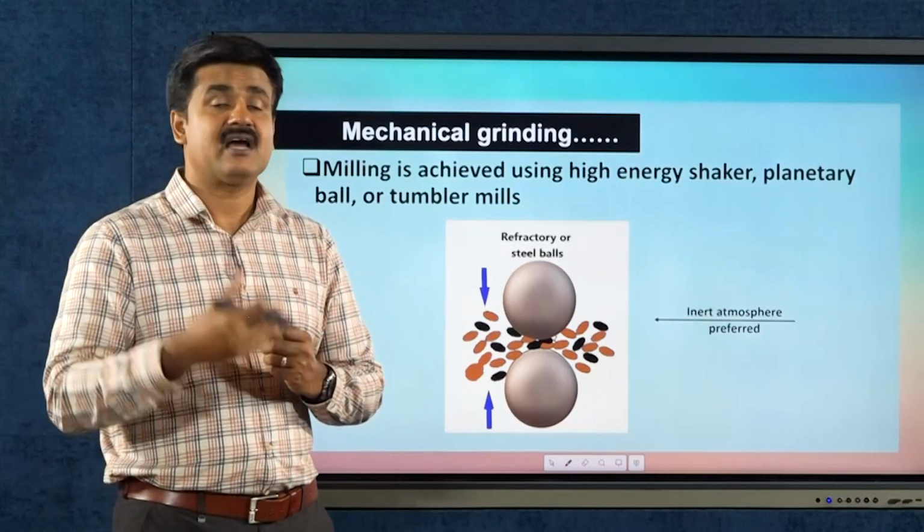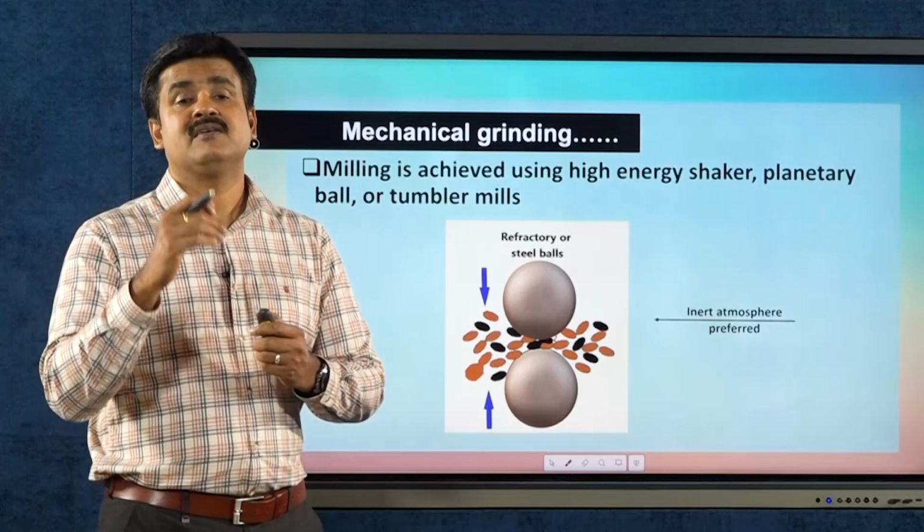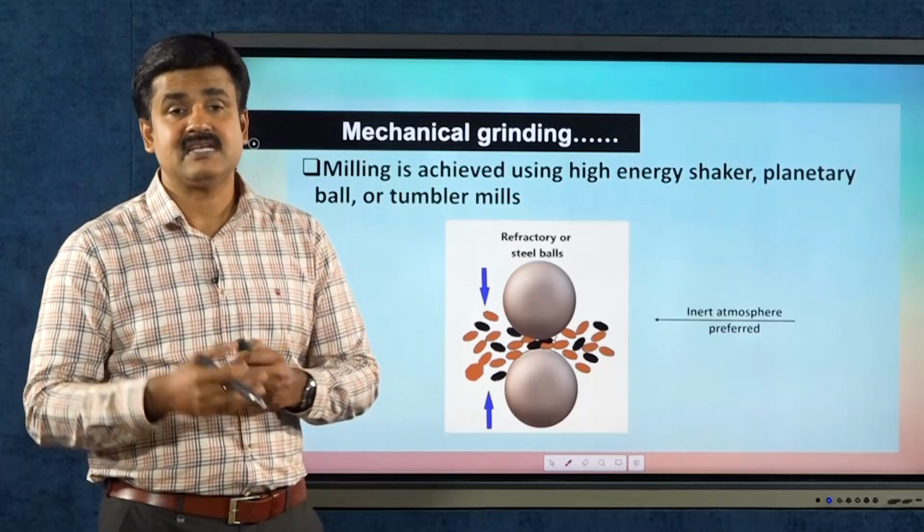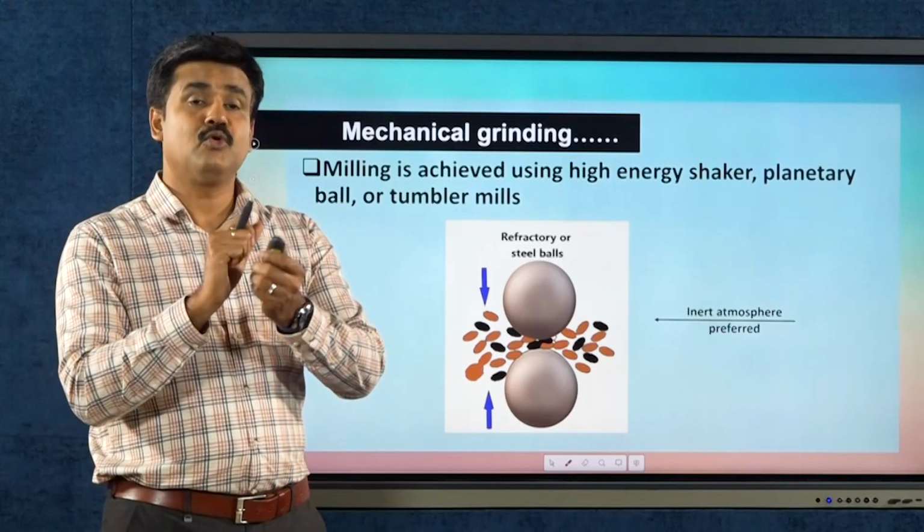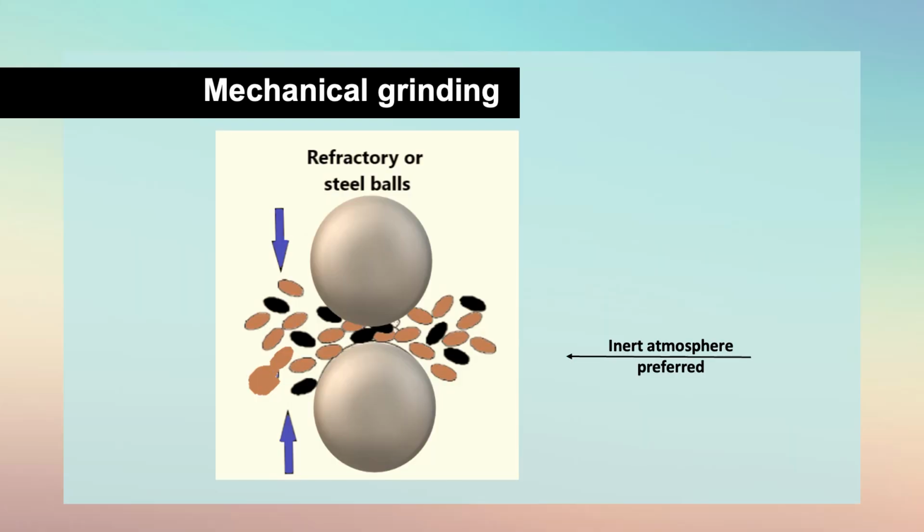Why are we using hard refractory materials? If we are not using a refractory material, the rubbing, the movement of the ball may generate high temperature, and that high temperature may lead to the melting of the material used in the preparation of the ball. So we have to use either stainless steel or steel balls or balls made of some refractory materials.